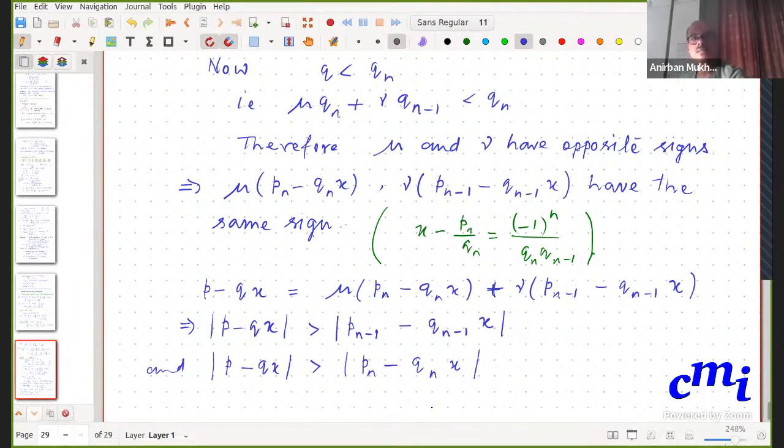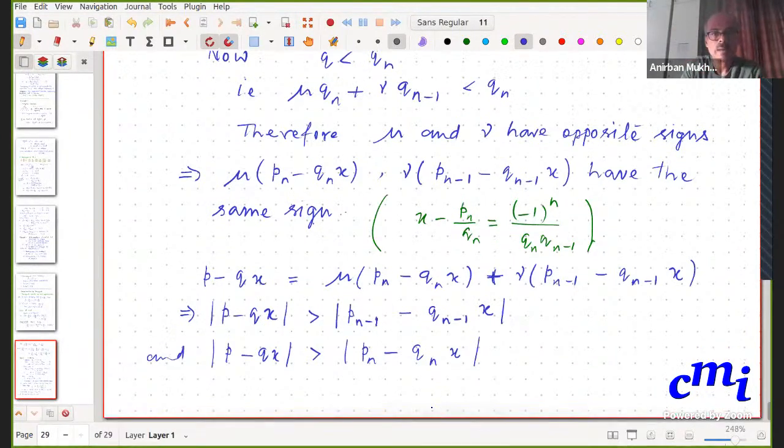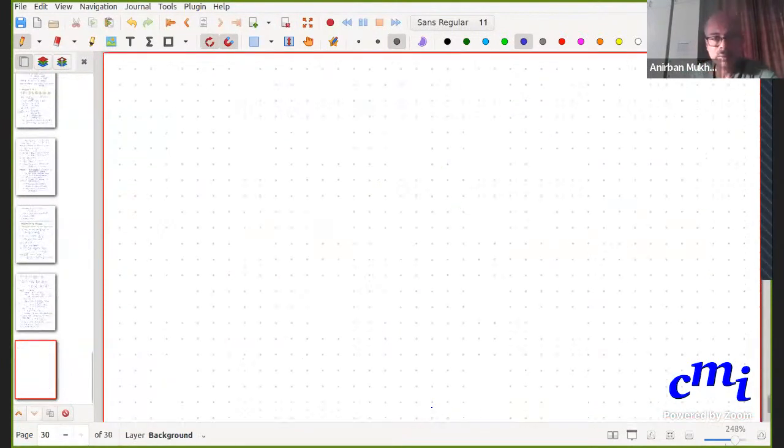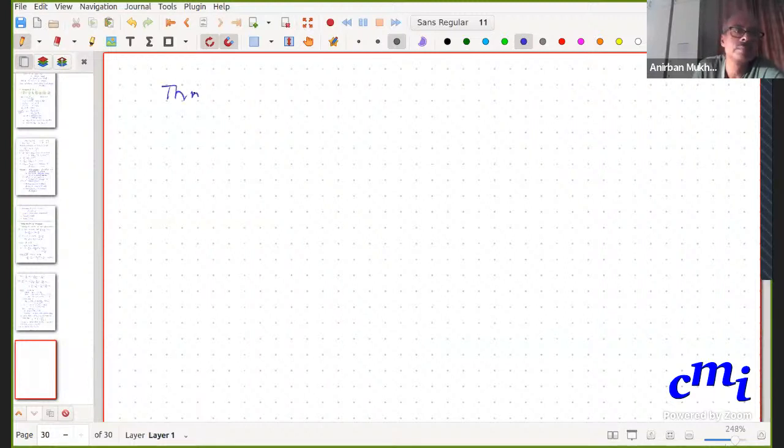Okay, so there is a last piece of theory which I should just say about this approximation, the theme we are continuing. So this is essentially the last theorem.